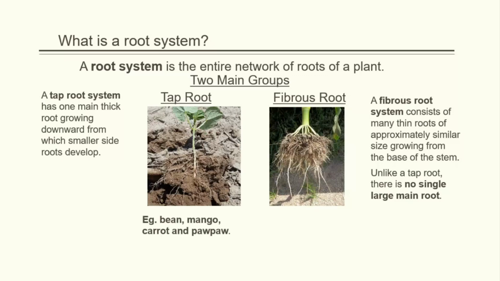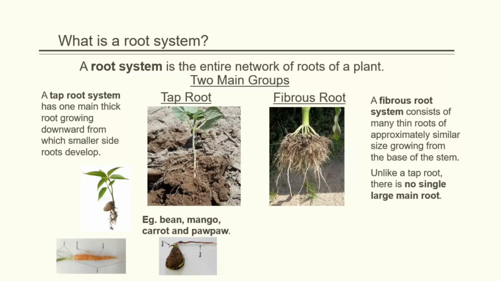Now, examples of plants that have taproots are bean. Can you see the bean? Mango. Have you seen the mango root? Carrot. Have you seen the carrot root? Pawpaw.